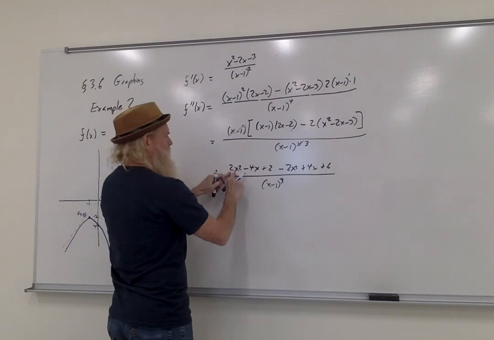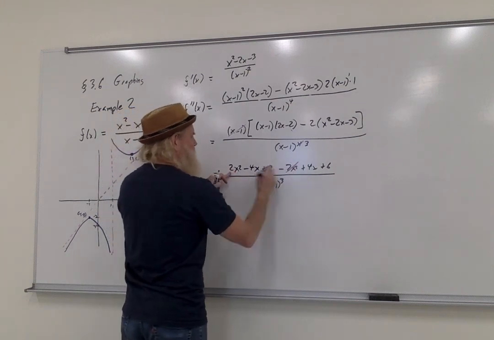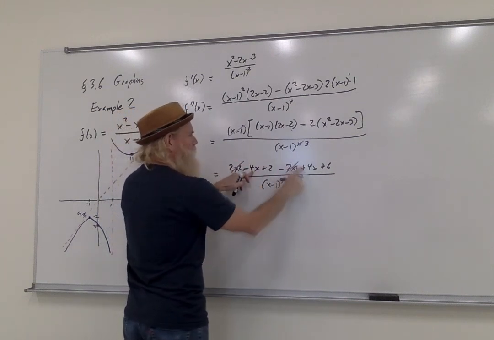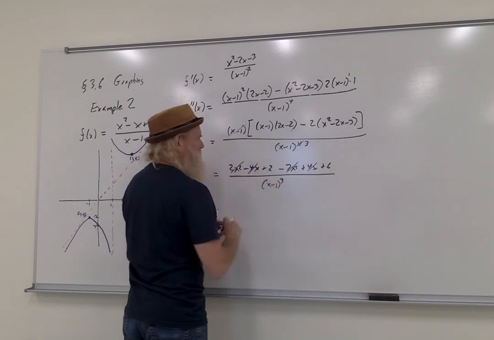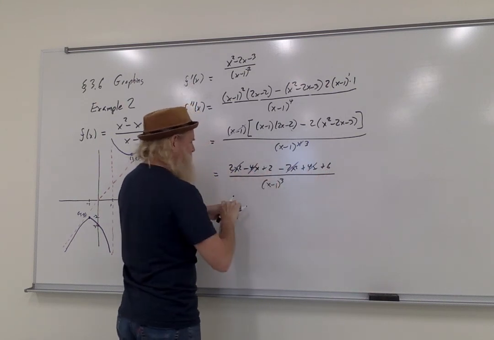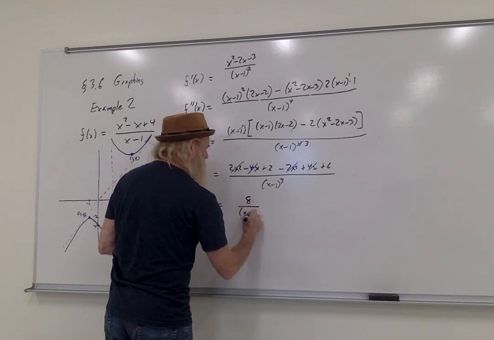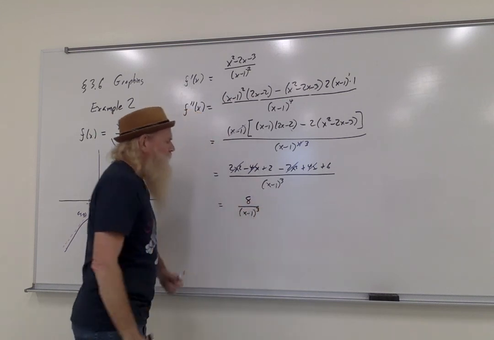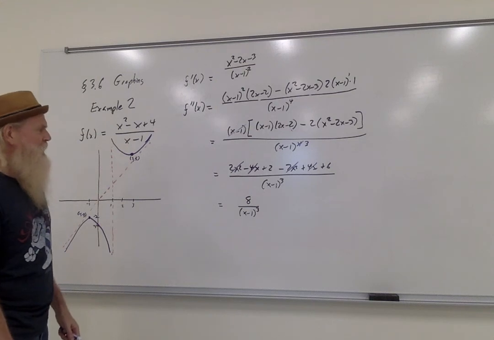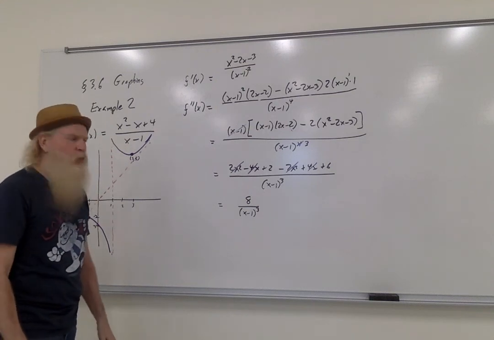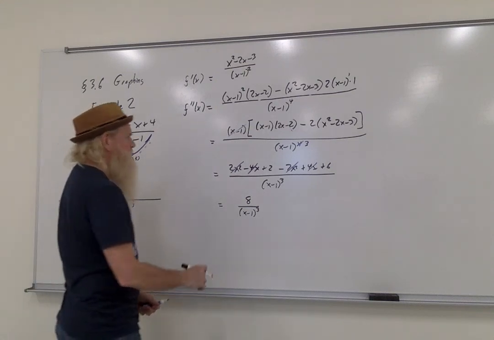And look, 2x squared minus 2x squared is 0. Negative 4x plus 4x is 0. And 2 plus 6 is 8. So my second derivative simplifies to 8 over x minus 1 cubed.